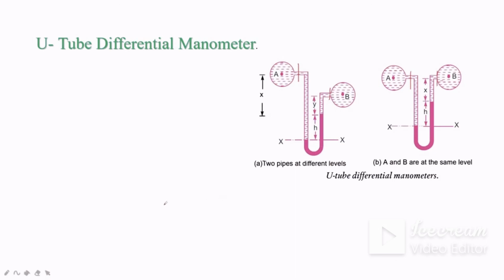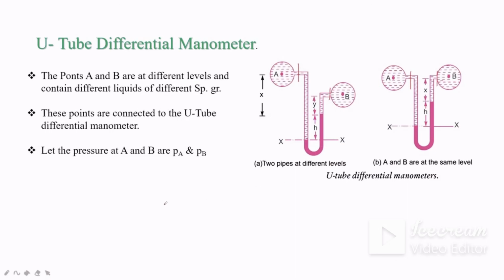Now in this U-tube differential manometer, the pressure at A will be PA and the pressure at B will be PB, same as we did in earlier slides. The liquid in system A will be different, and here the pressure will be different.